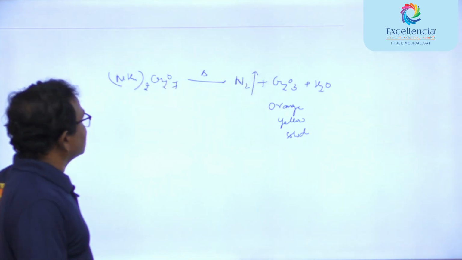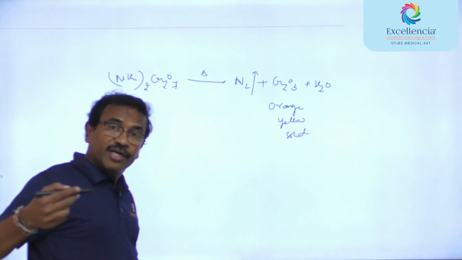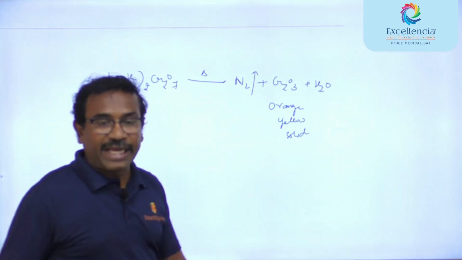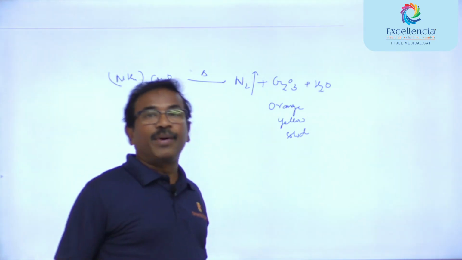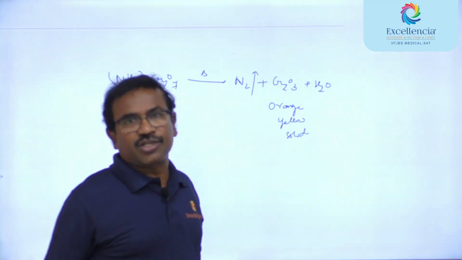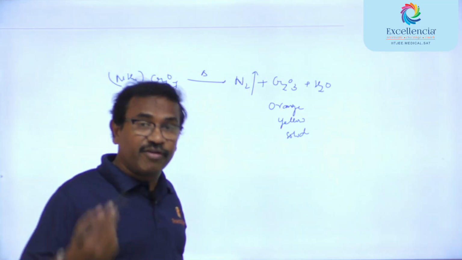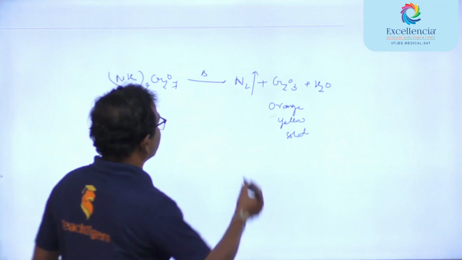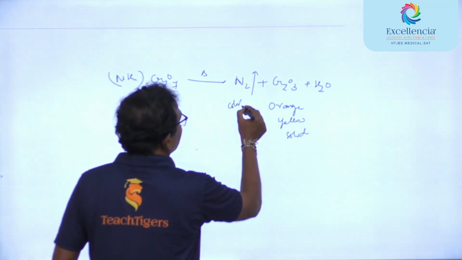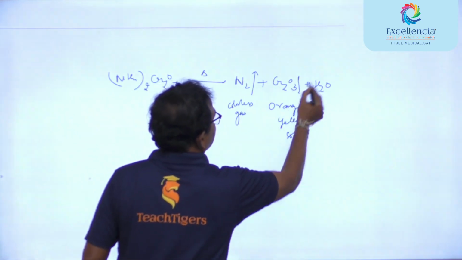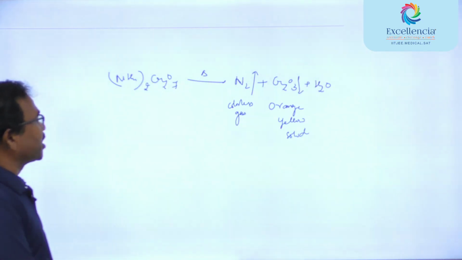And the point of interest in this case is, whenever you are preparing for inorganic chemistry, you got to know the colors of the compounds, precipitates, gases, important characteristics of very important compounds. You always have to know. Therefore, I have here nitrogen is a colorless gas, we know, and however this anhydride is orange.